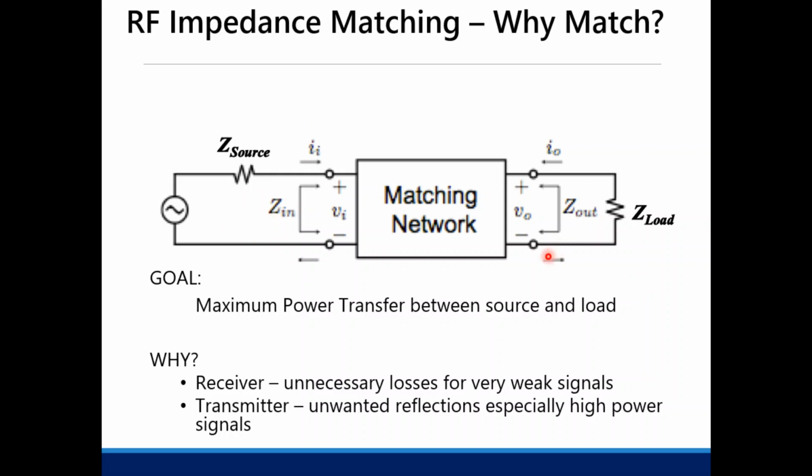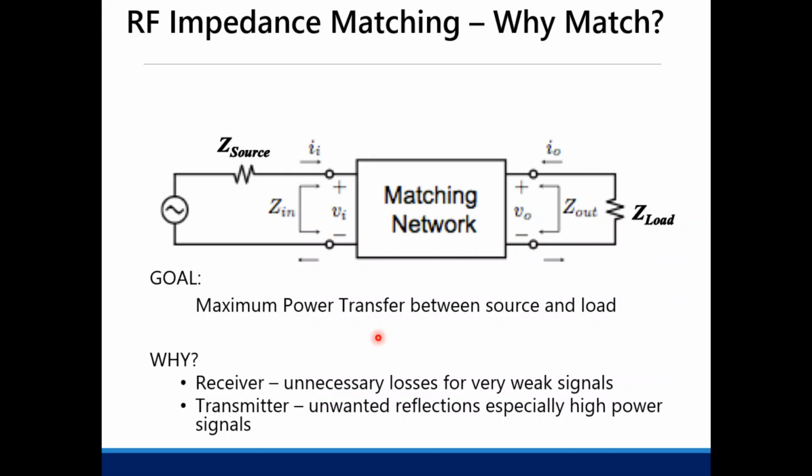So why do that? For receivers, we want them to be very sensitive. If the source and load are not matched, then your signal will undergo unnecessary losses because of the mismatch, and since the signals are inherently weak, you may not be able to detect it at all.